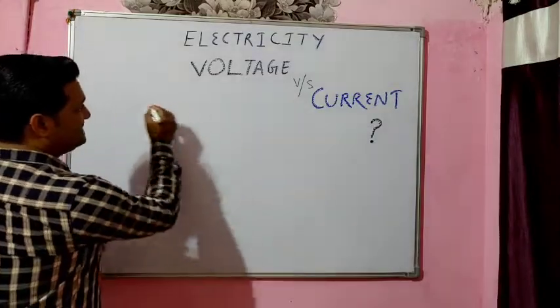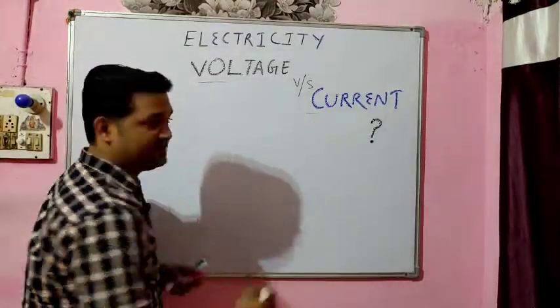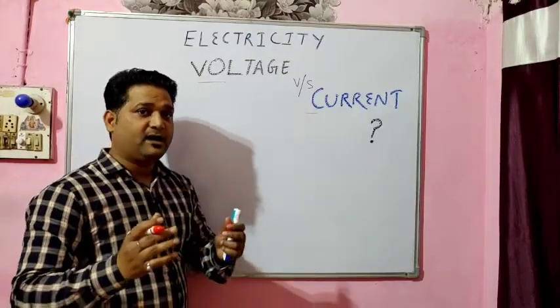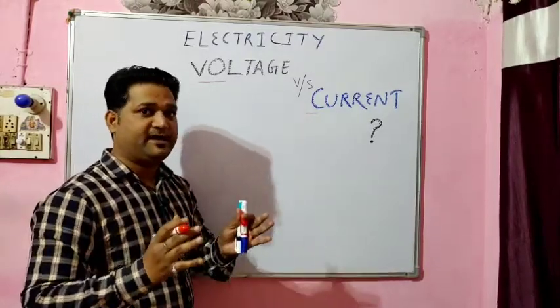Before discussing voltage and current, let me give you a brief introduction about a metal wire and how the electrons are embedded in it.